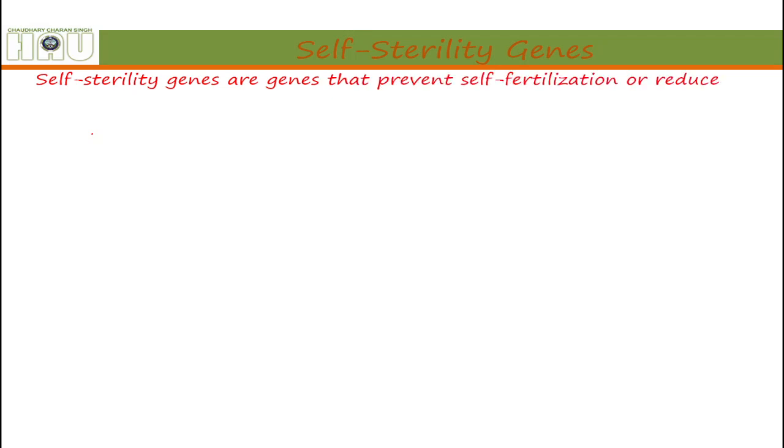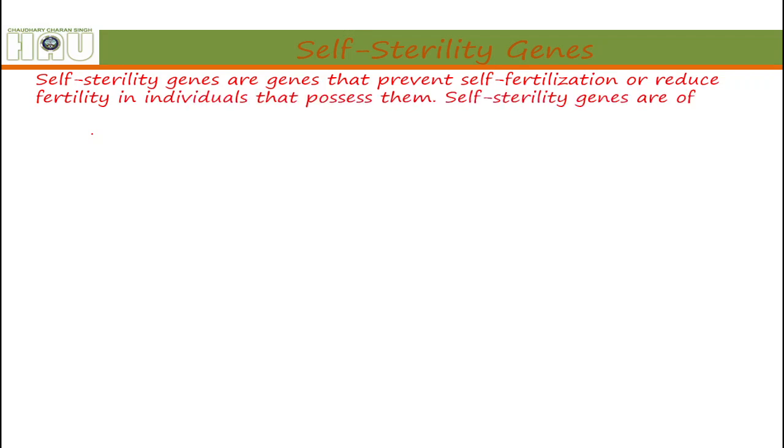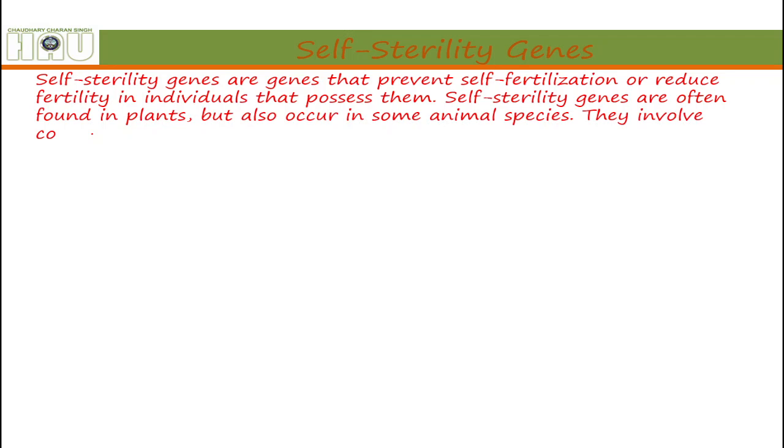So first of all we will introduce these alleles or genes. Self-sterility genes are genes that prevent self-fertilization, or you can say they reduce the fertility in the individual which possesses them. And self-sterility genes are often found in plants but also occur in some animal species.